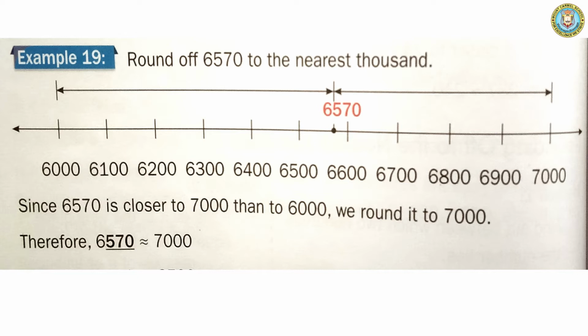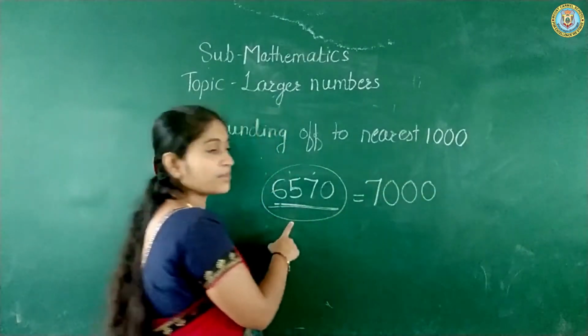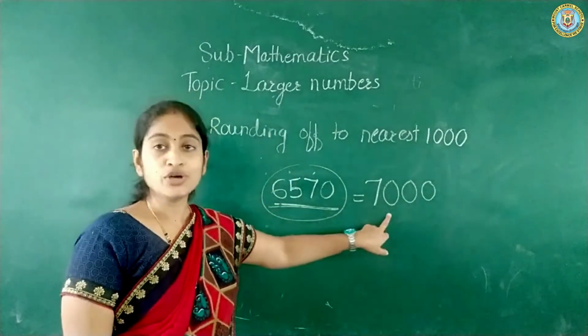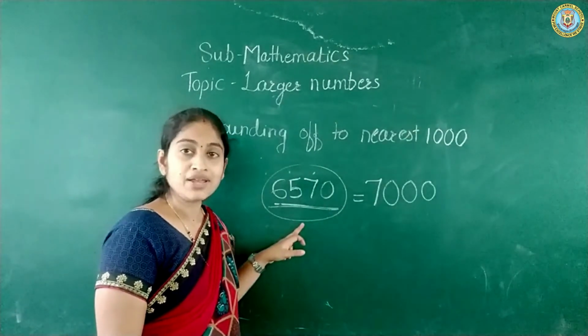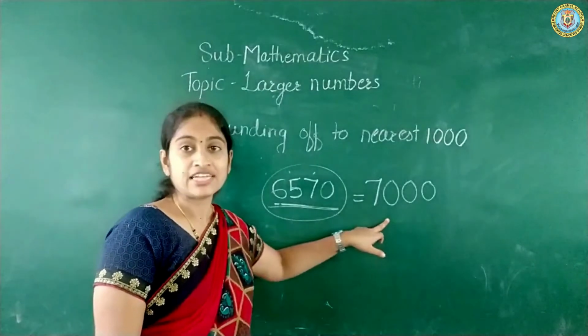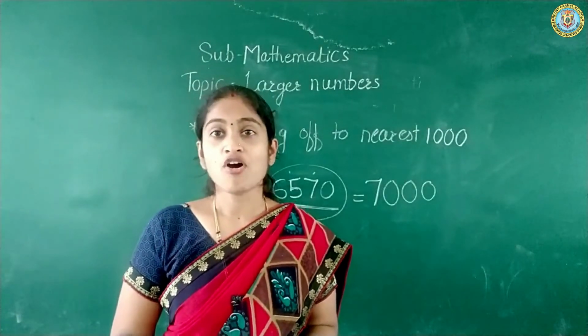So my dear students, now we can write the rounding off number nearest to 1000 for this number, that is 7000, because this number is nearer to 7000. So rounding off of this number is 7000. So my dear students, this is about rounding off a number.